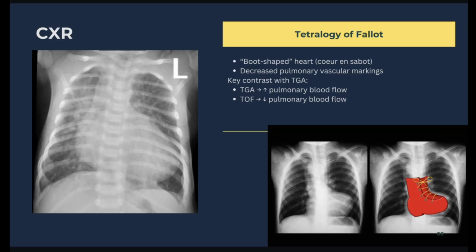The pulmonary stenosis is why the lungs are oligemic. Because of the pulmonary stenosis, you have right ventricular hypertrophy, and then the only way the blood can get around the body is because of the presence of the VSD, and then the aorta sits right over the VSD.